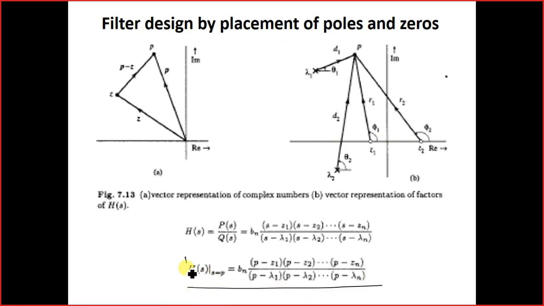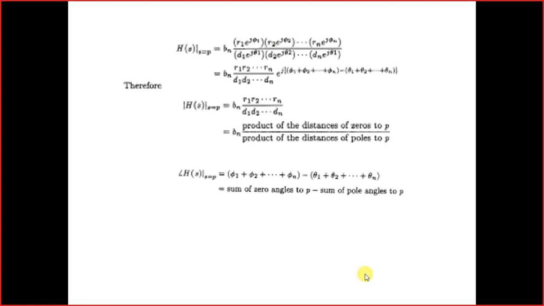So up to this, it must be clear to you. At particular point P, we are calculating all these things, right? Now we can represent the same equation which was in the rectangular coordinate into the polar coordinate, and we get this information. And you can see we have got R1 multiplied by R2 multiplied by Rn in this fashion, which is the modulus of Hs. Similarly, if you look into e to the power j, we get phi 1 plus phi 2 plus phi n minus theta 1 plus theta 2 plus theta n.